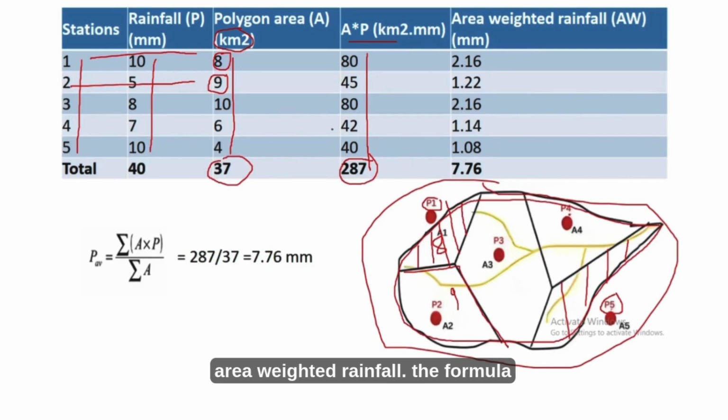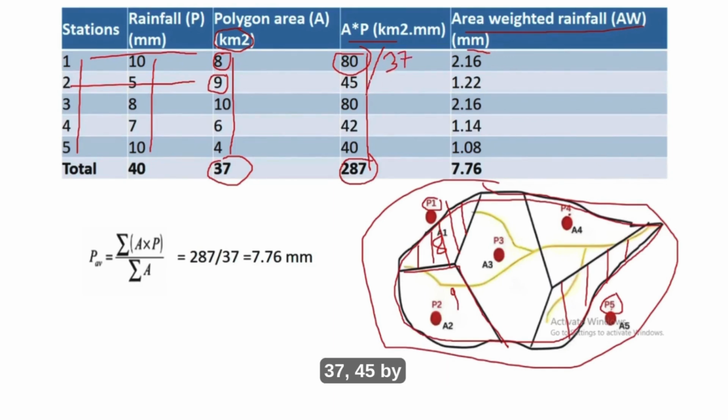You can also calculate area weighted rainfall. The formula of area weighted rainfall is A into P divided by total area. That means 80 by 37, 45 by 37, and so on.